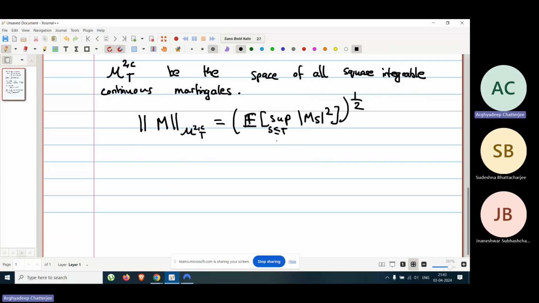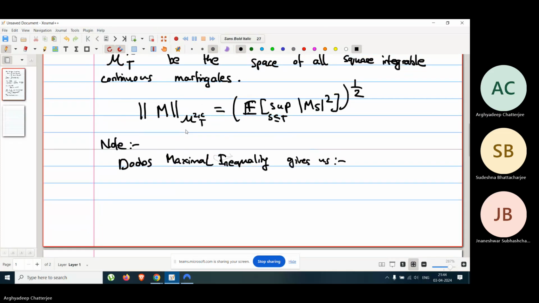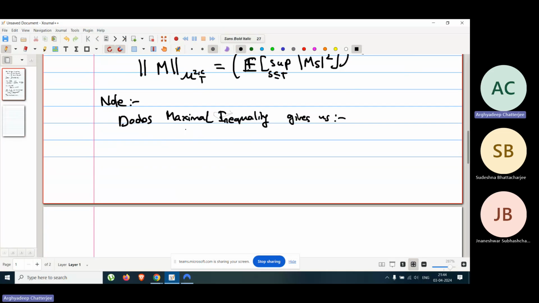And some things to note. Doob's maximal inequality gives us that the expectation of M_T squared is less than or equal to the expectation of the supremum over s up to T of M_s squared.